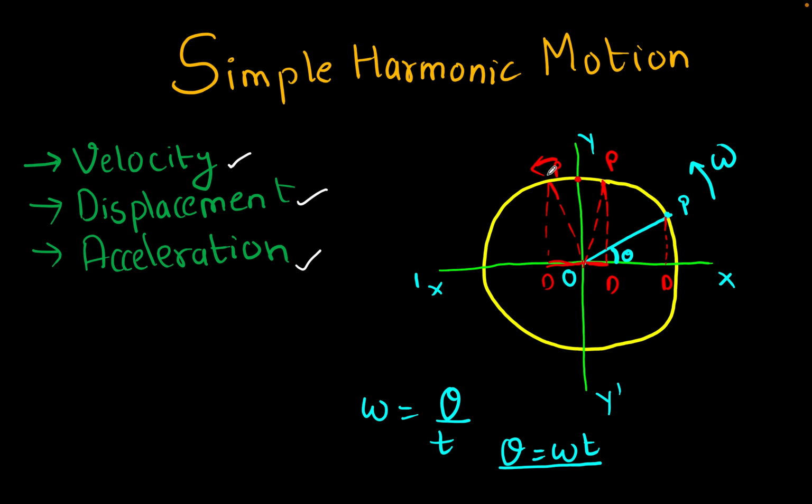And this cycle repeats itself throughout the complete rotation. If the line is OP here in this third quadrant, the projection is again decreasing from here onwards, and again it's going to increase from here to here and so on.